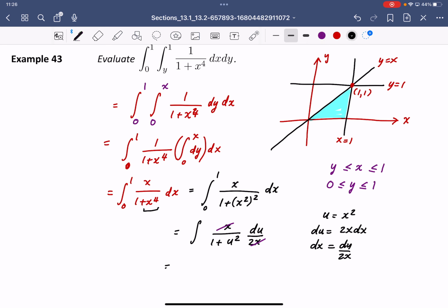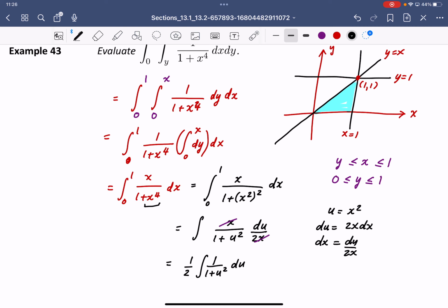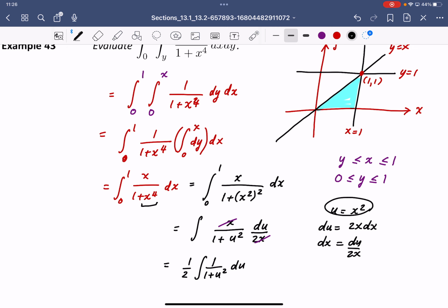So basically I get 1/2 the integral of 1 over 1 plus u squared du. About the boundary of the integration, x used to go from 0 to 1. If you change it to u, it's going to be 0 to 1 as well, because u equals x squared. So the boundary is the same.